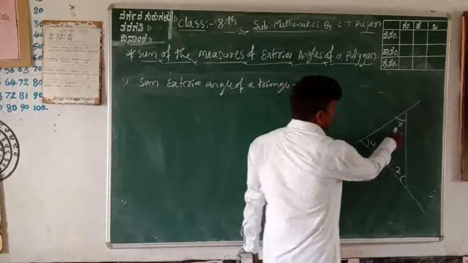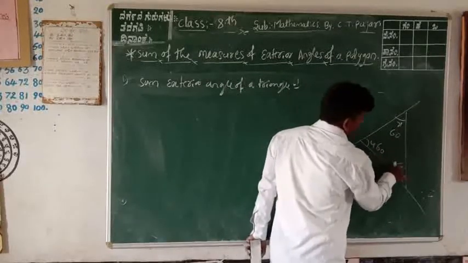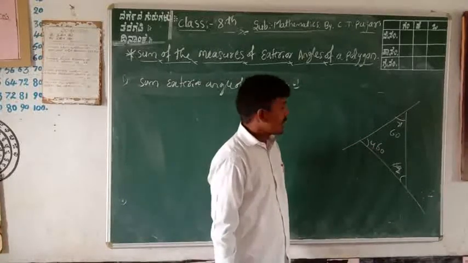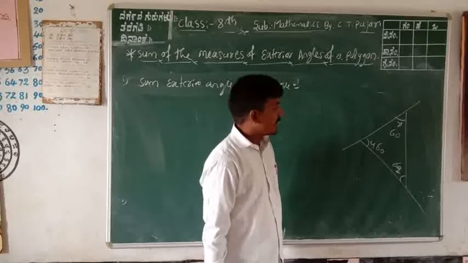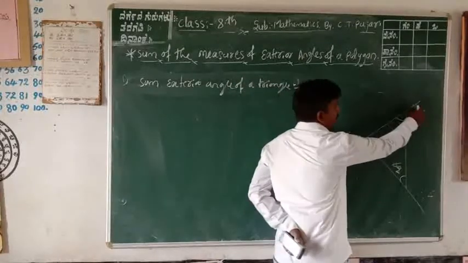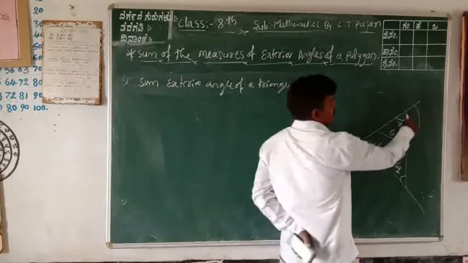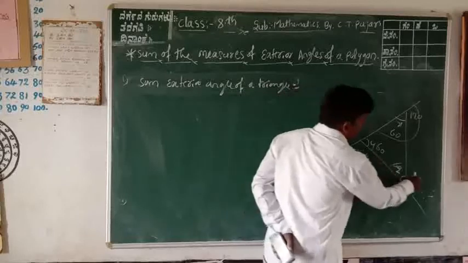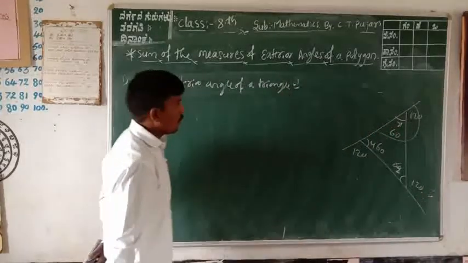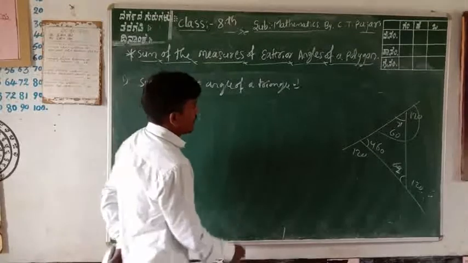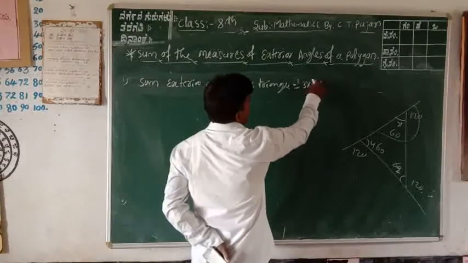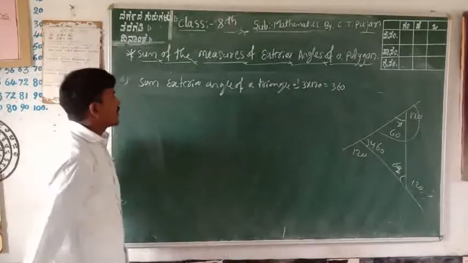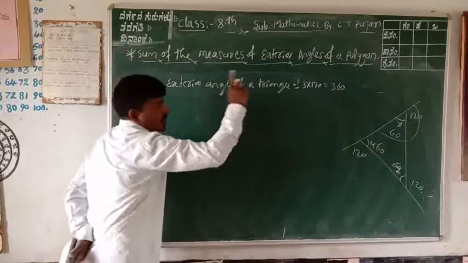Next, take the linear pair of these: the exterior angle and the interior angle make 180 degrees. This is also 180 degrees, and this is also 180 degrees. Therefore 3 into 180 is 540, minus the interior sum of 180 gives 360 degrees. The sum of the exterior angles of a triangle is equal to 360 degrees.